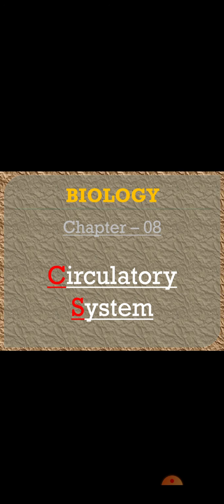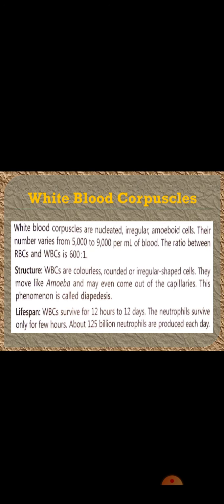In this topic we already discussed in detail blood and its composition, such as plasma and blood corpuscles. But in today's video we are going to discuss in detail WBCs.